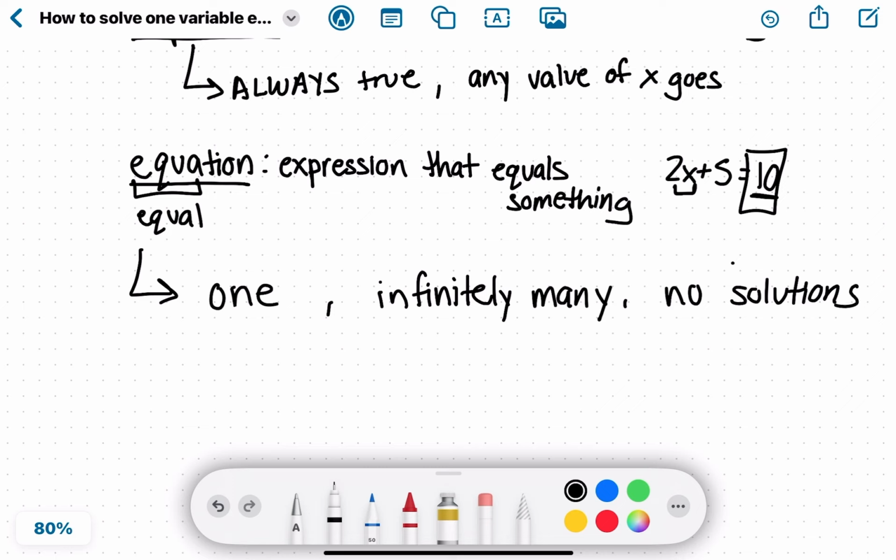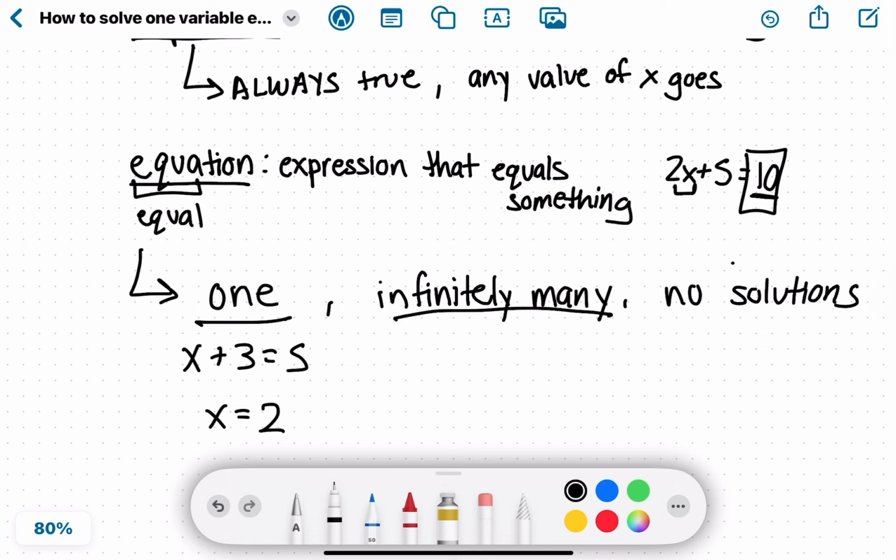So one solution is, for example, x plus 3 equals 5. Only one number plus 3 can equal 5. And what's that? 2. Very straightforward. For example, 3 plus 3 is not equal to 5. It's not possible. But only 2 plus 3 is equal to 5. There's only one solution, one value of x that makes sense.